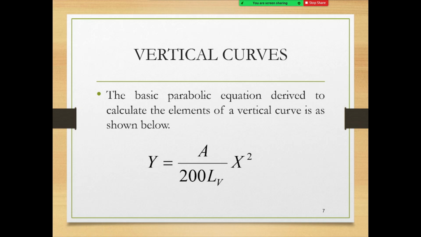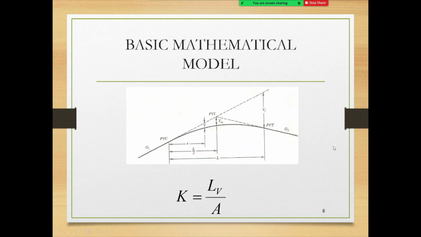Then A is the modulus of gradient difference, and LV is the vertical curve length. So we have defined a basic mathematical model defining a value K as LV over A. LV is the vertical curve length, A is the modulus of the gradient difference.